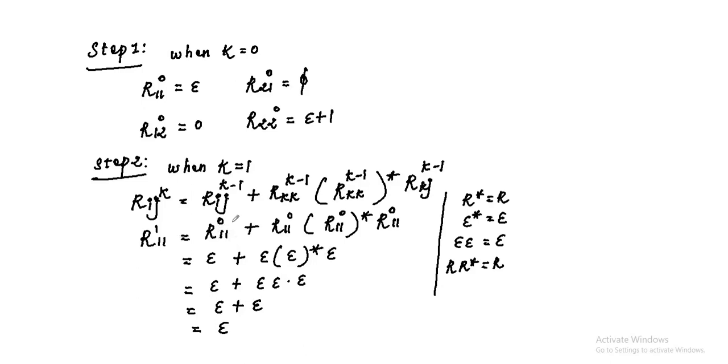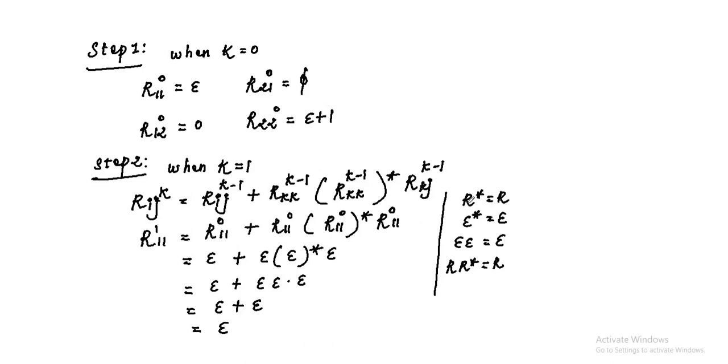We already wrote R11 raised to the power 0, so we need to include the epsilon value. Here I include epsilon plus R11 raised to the power 0, which is epsilon, whole star, again R11 raised to the power 0 epsilon. Next, epsilon plus epsilon into bracket of epsilon, whole star.